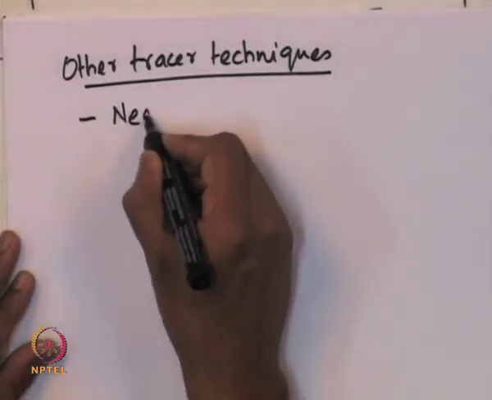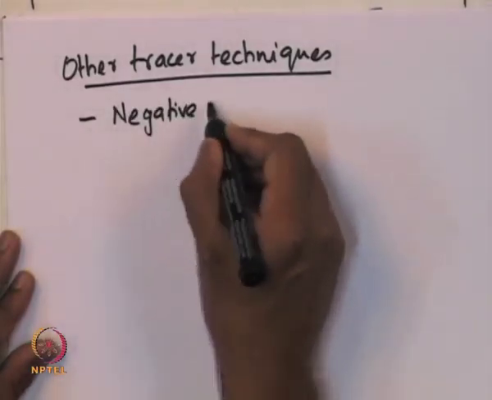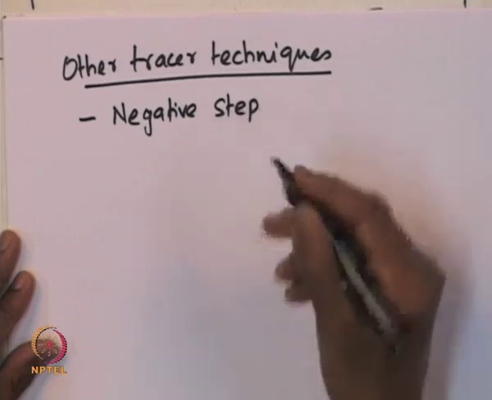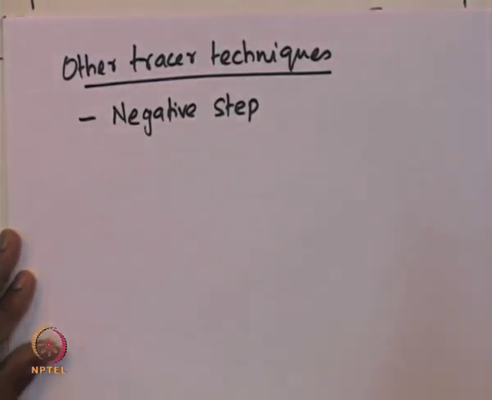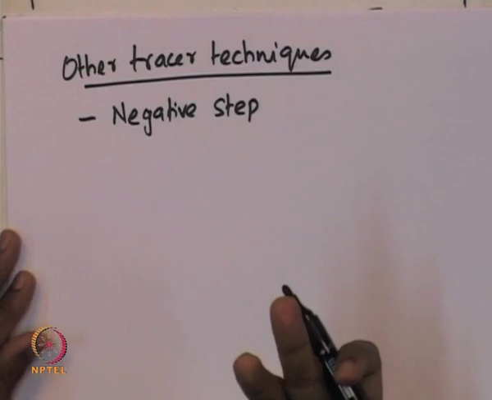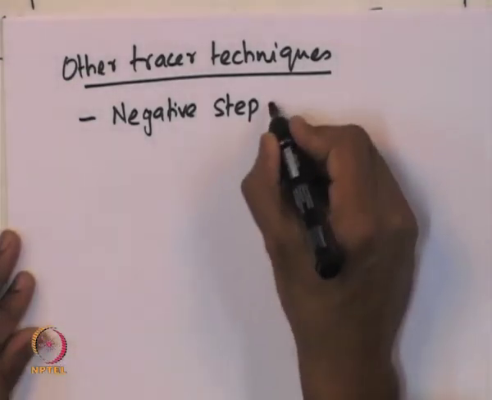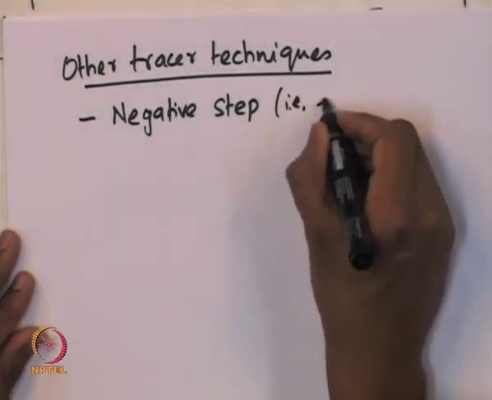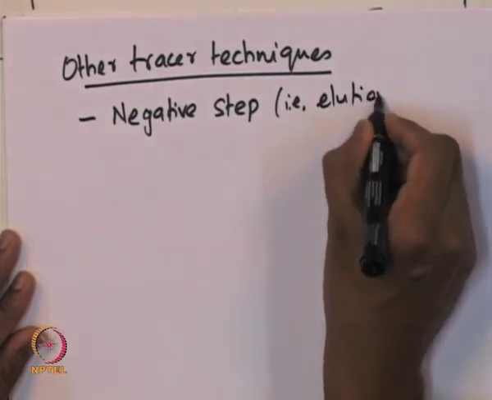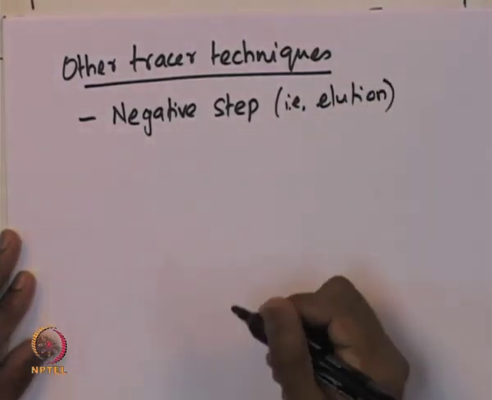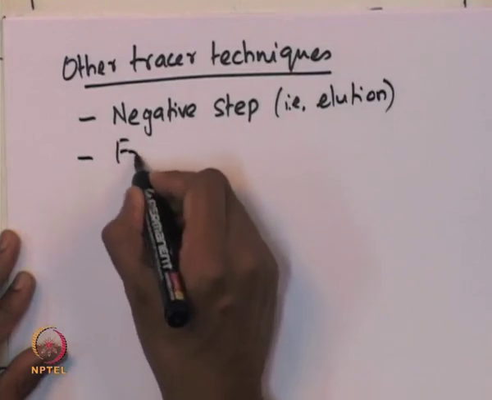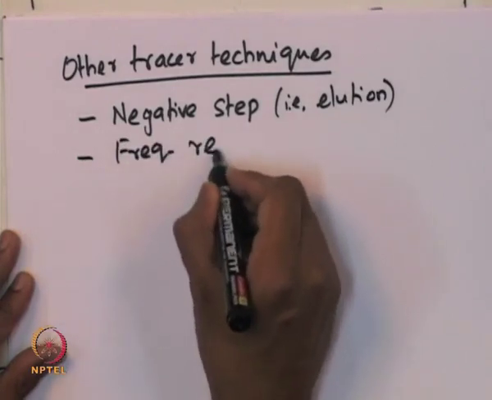One is the negative step tracer, where the concentration of the tracer is suddenly decreased, and it is not very easy to perform such an experiment. Basically, there is a dilution of the tracer in the feed stream. And then another method which is used is called the frequency response method.